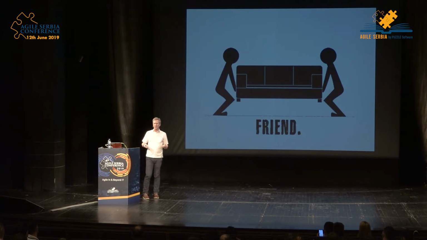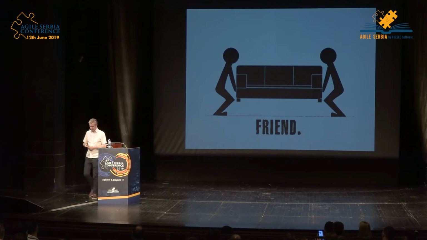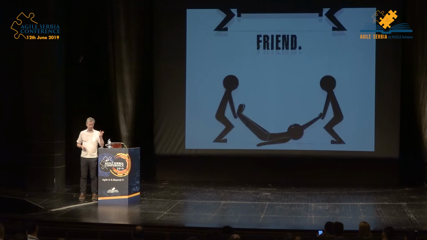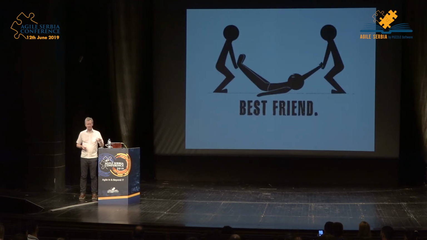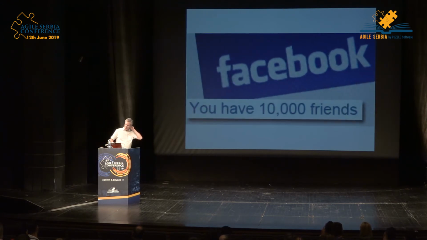I think that's usually considered the measure of whether someone is above or below that bar. That's a proper definition of a friend, I think. Of course, there's your best friend, who is someone who'd help you move a dead body, but that's a special case. But for everything else, we've got Facebook friends.